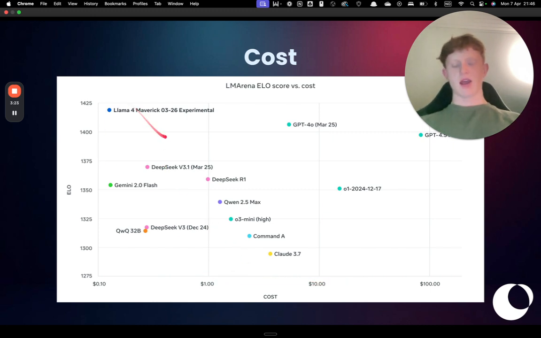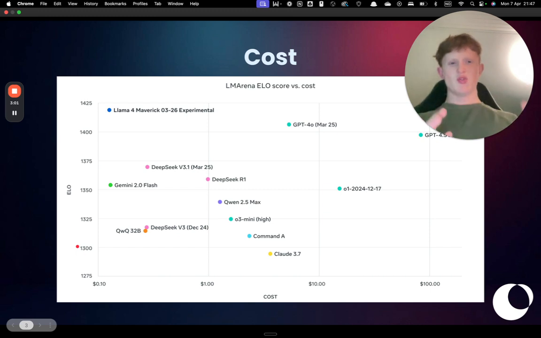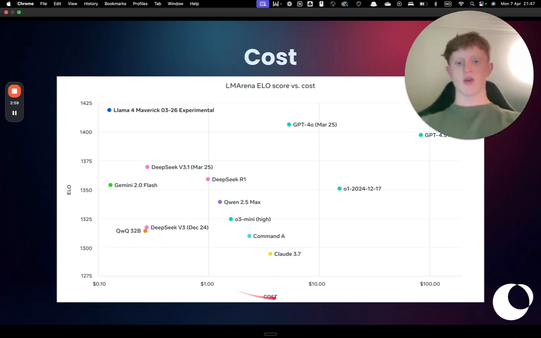I'm not shocked that Meta published this, because they are doing quite well compared to other models like OpenAI's GPT-4o, DeepSeek, Gemini 2.0 Flash, and many more. Here we have the ELO, the price to performance ratio, and here we have the cost.